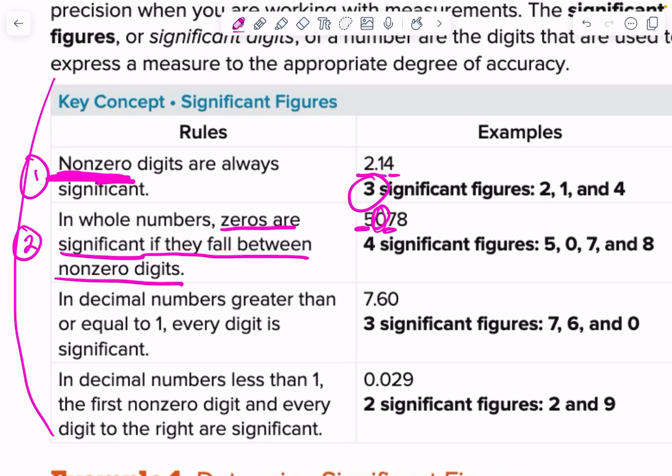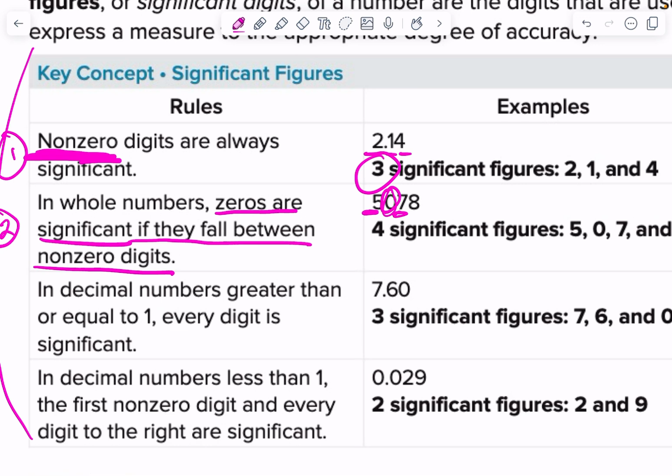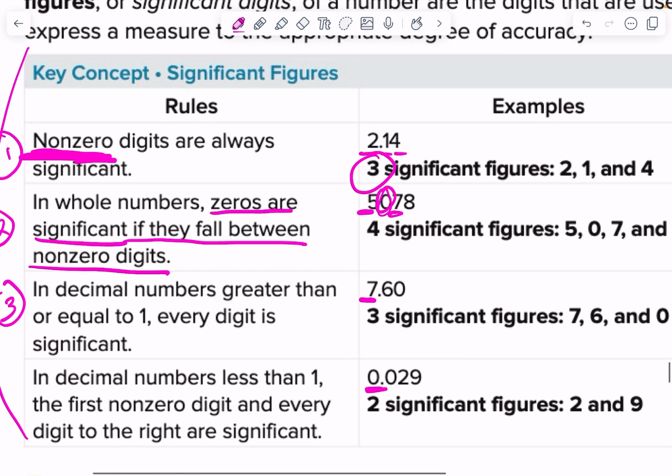Now, this is the third one. If it's a decimal number greater than 1, like 7 point something, or 1 point something, or 13 point something, whatever. When this digit is not 0, like this one's 0, we'll talk about what to do. If this decimal is a number bigger than 1, any ending 0 is going to be significant, okay?